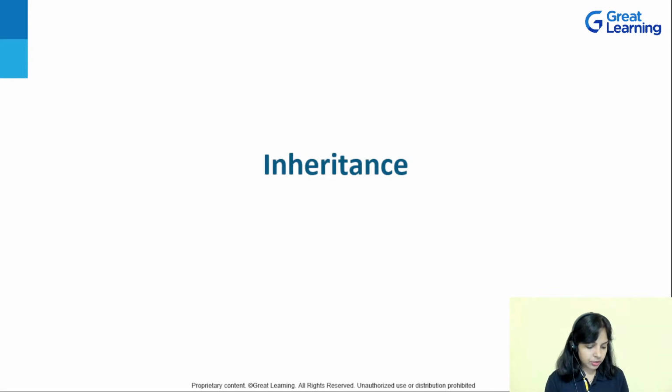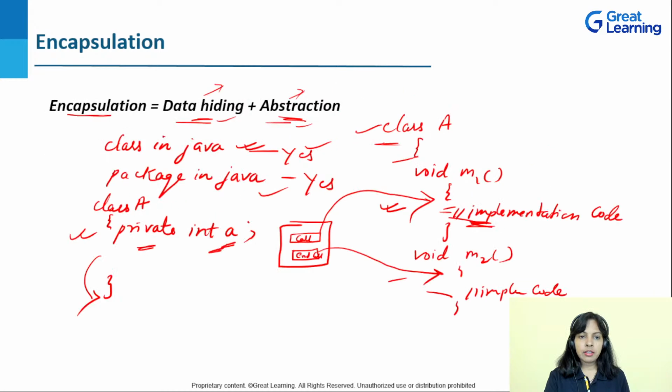How is encapsulation different from information hiding concept? Shivam Bharti. If by information hiding you refer to data hiding, then just now I said that encapsulation is not different from data hiding. Data hiding plus abstraction together is the concept of encapsulation.